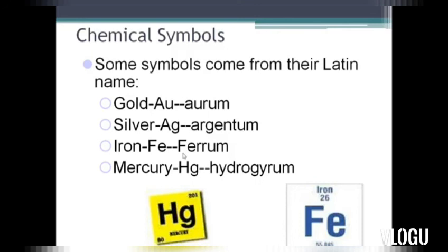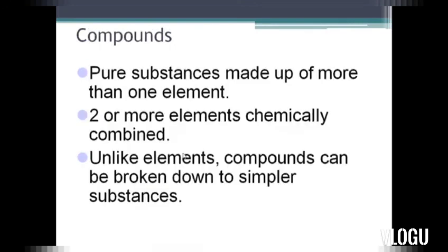So kung mapapansin natin dito, hindi ibig sabihin na nasa first natin ay nakukuha natin sa first and second letter, may ibang mga cases po na iba talaga ang kanilang mga symbol. Ito yung dahilan kung bakit elements ay hindi nagsisimula sa sarili nilang letra. Some symbols come from their Latin name, like this: Hg, mercury, Fe, iron.